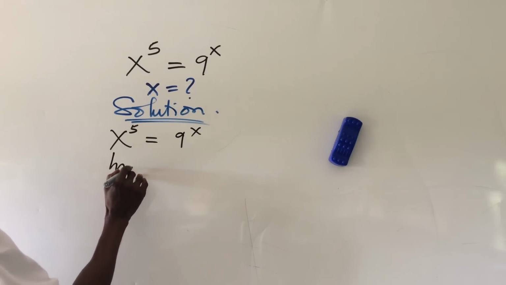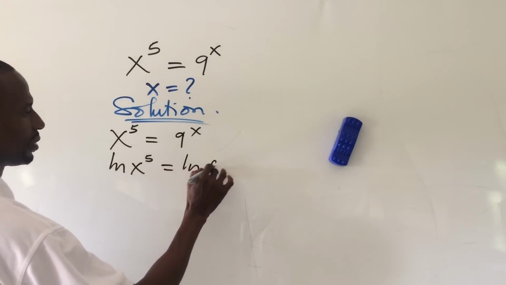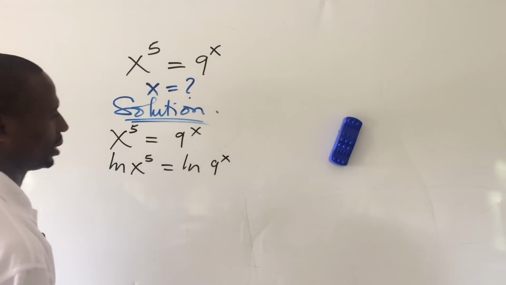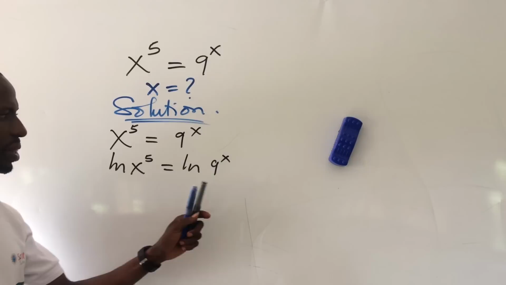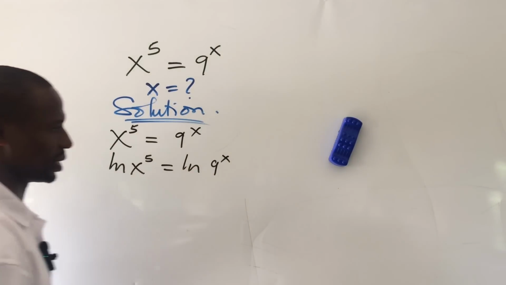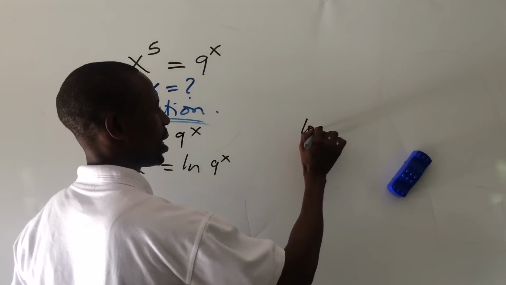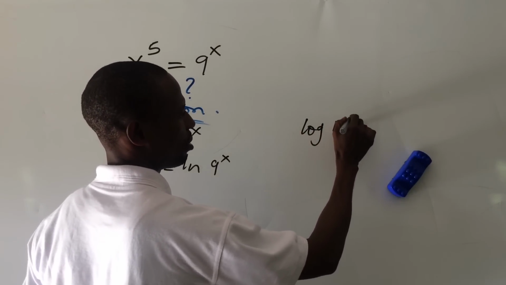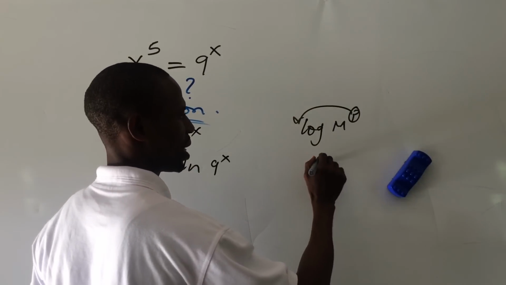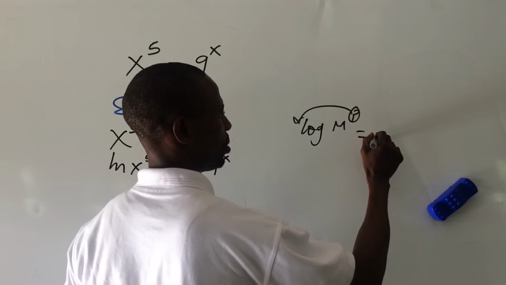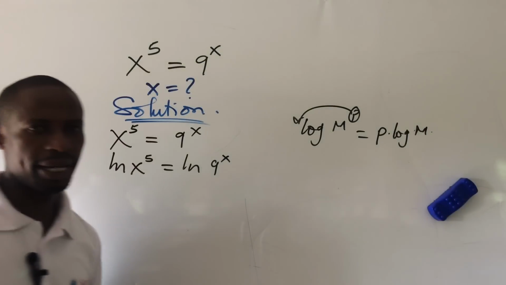This will now give us ln of x to the power of 5 equal to the ln of 9 to the power of x. Now with this, we apply the law of logarithm, which says that if you have log m to the power of p, then move this p backward, so this will now become p times log m.